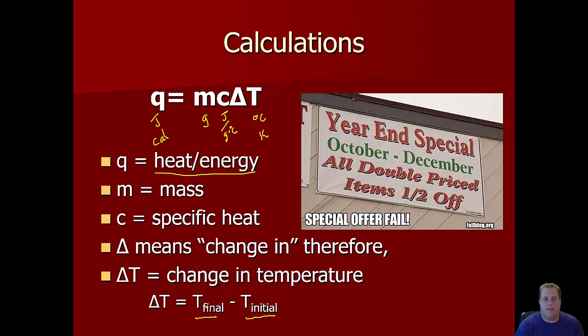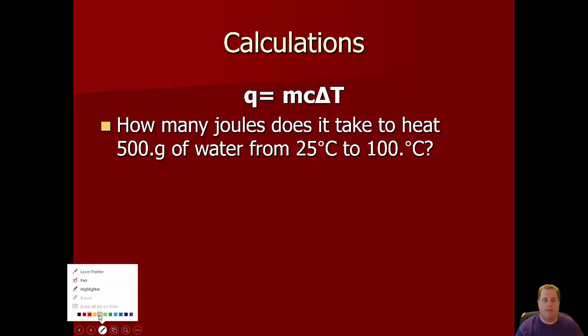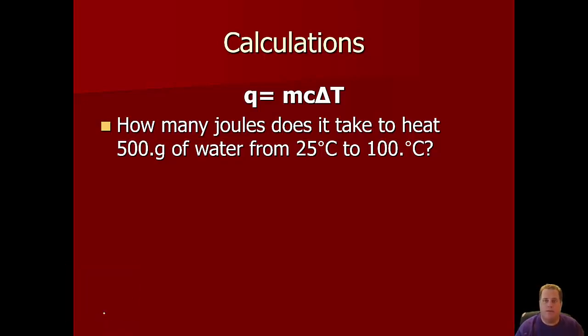So that is our foundation and where we are going to do all of our work in this unit. Well, almost all of our work in this unit. I'm going to look at a couple quick sample problems. Our first problem is up here on the screen. We want to know how many joules it takes to heat 500 grams of water from 25 to 100 degrees Celsius.